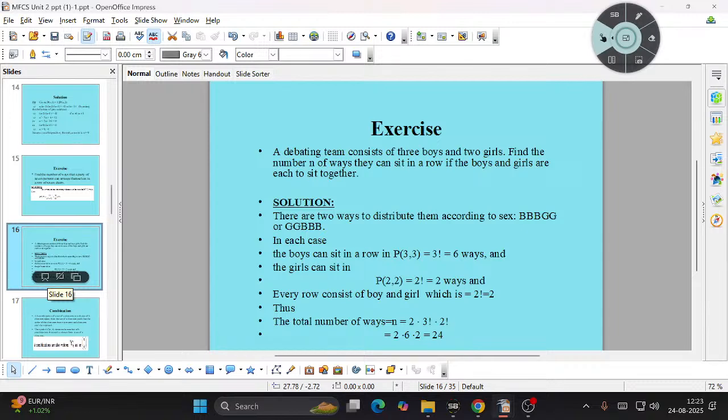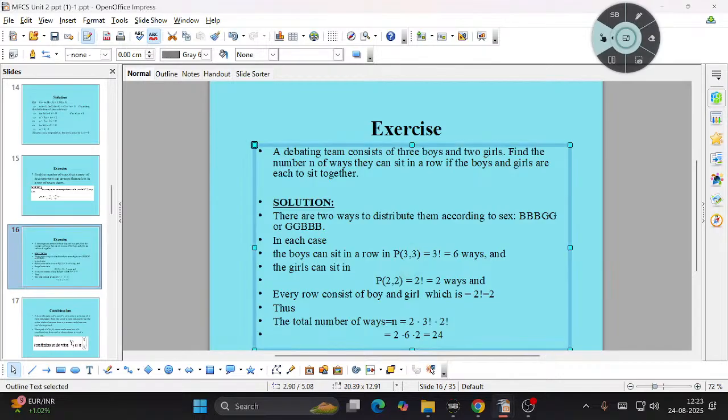Next one, next step. Every row consists of, this is the first step. See, this is the complete answer. So in this case, you are going to go with this case, then this case and this case, right? The girls can sit in 2 factorial ways. Next, every row consists of a boy and a girl, which is 1 boy, 1 girl, 2 ways.